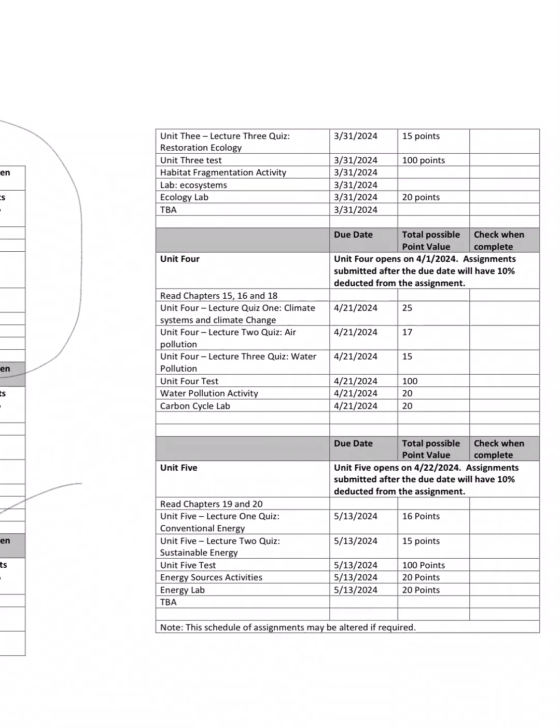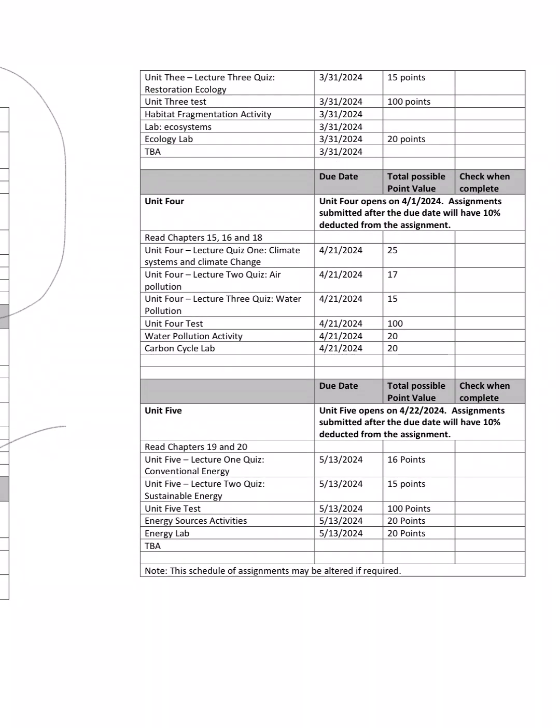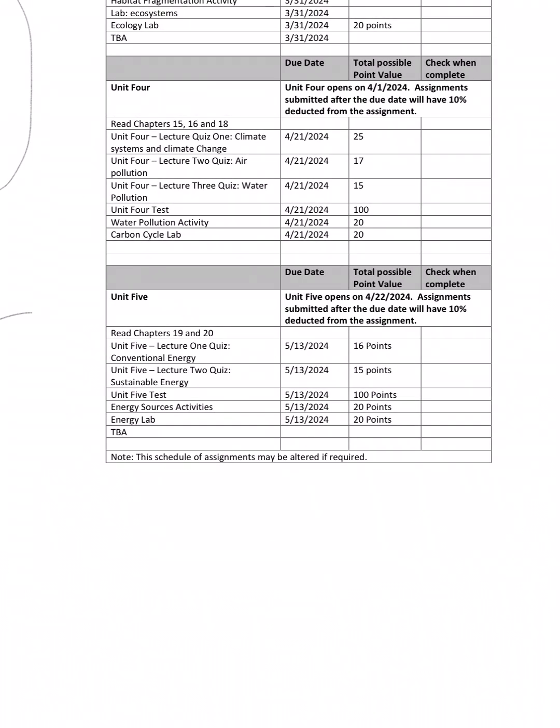Unit 4 opens up on April 1st, and it's due on April 21st. And then Unit 5, which is the last unit, opens up on April 22nd, and the due date is May 13th. That's after the end of finals.